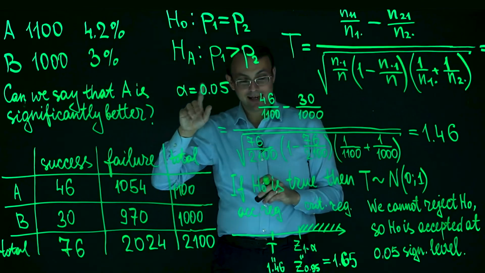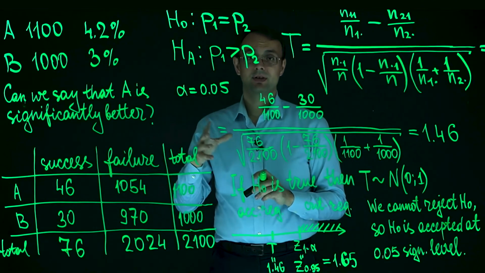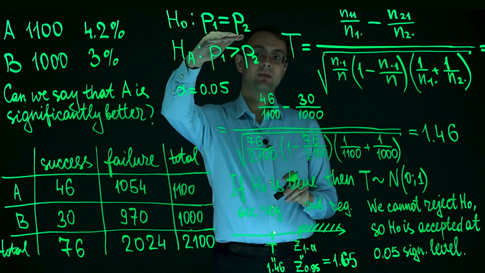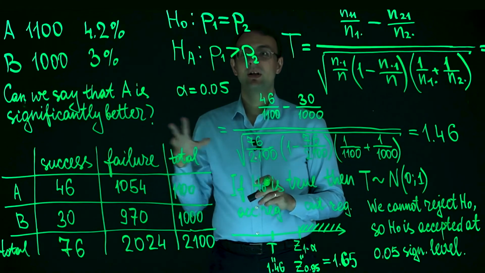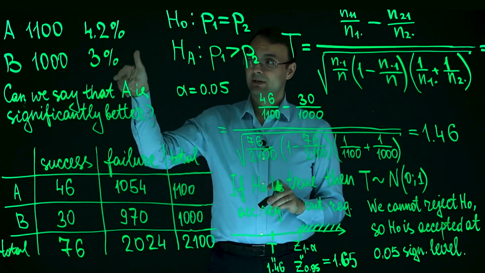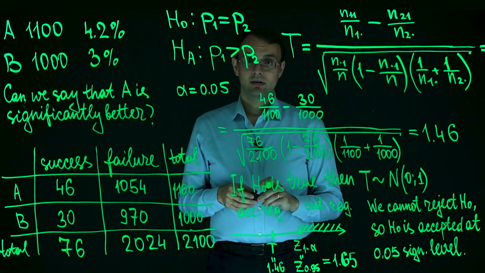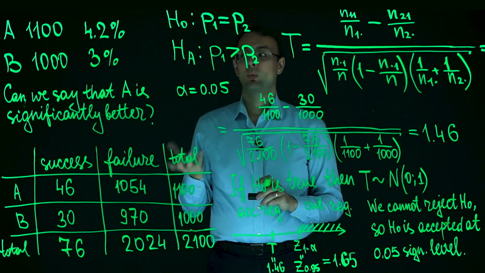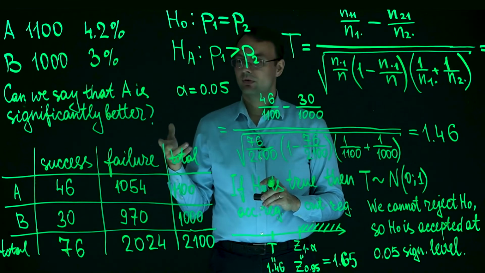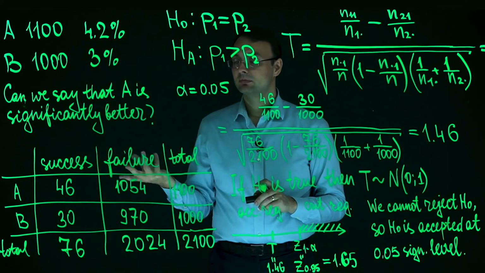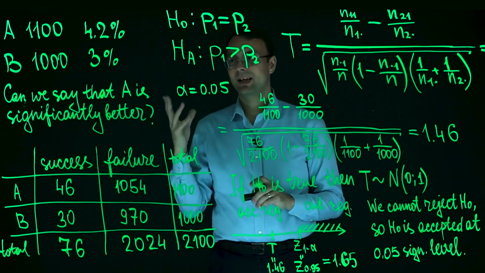And now, as we cannot reject the null hypothesis, and so we accepted the null hypothesis that there is no difference between P1 and P2, that there is no difference between A and B, then we say no, we can't. So the answer to the question we were asked is no. Can we say that A is significantly better? No, we can't say so.